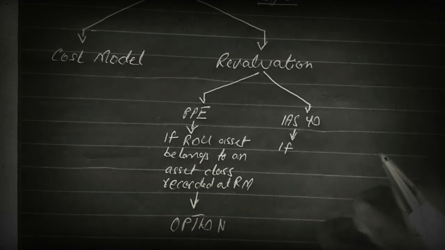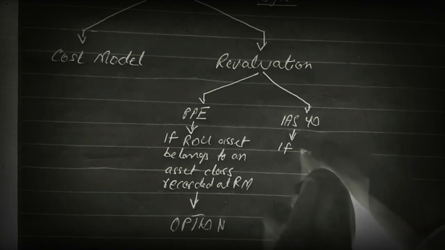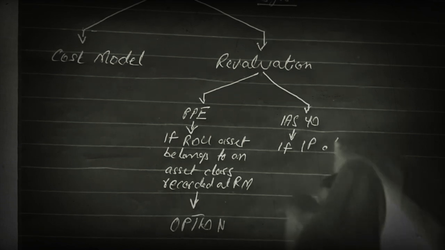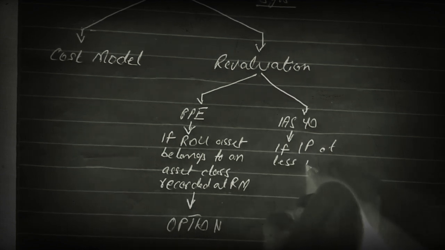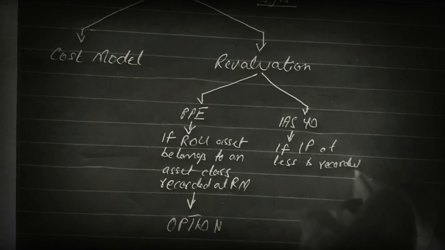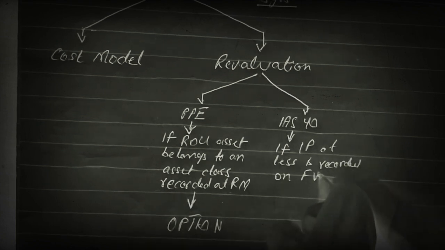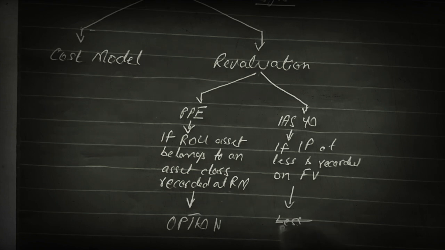So he will not have an option in that case. So if the investment property of the lessee is recorded at fair value, then for the lessee, it's compulsory.